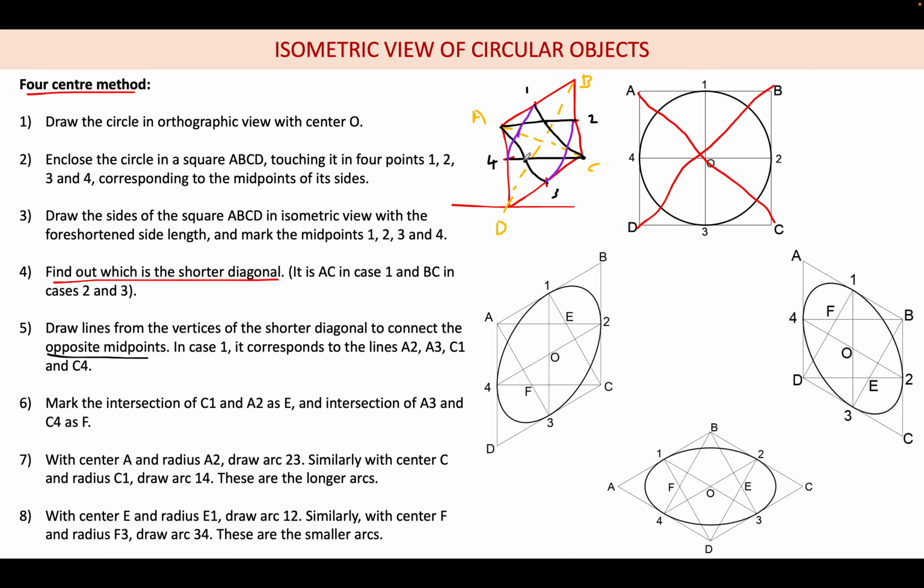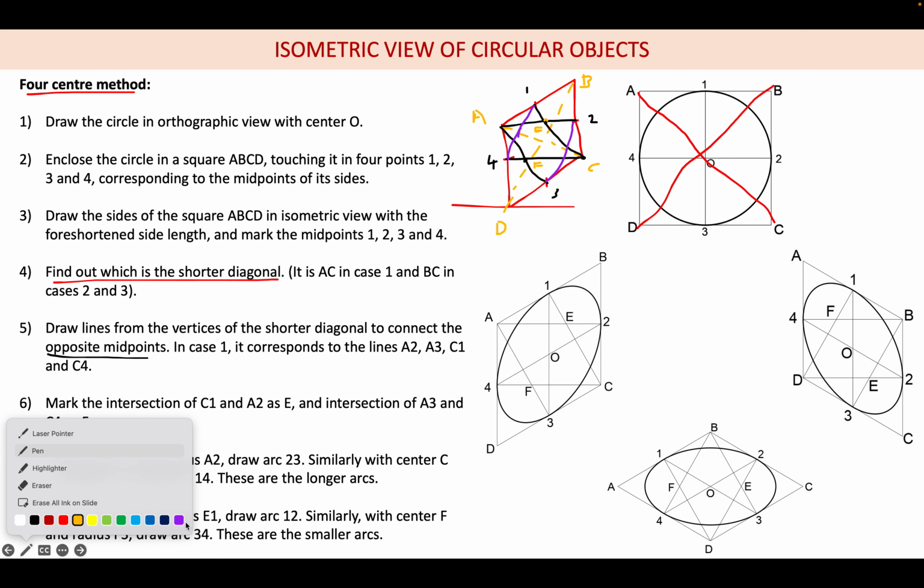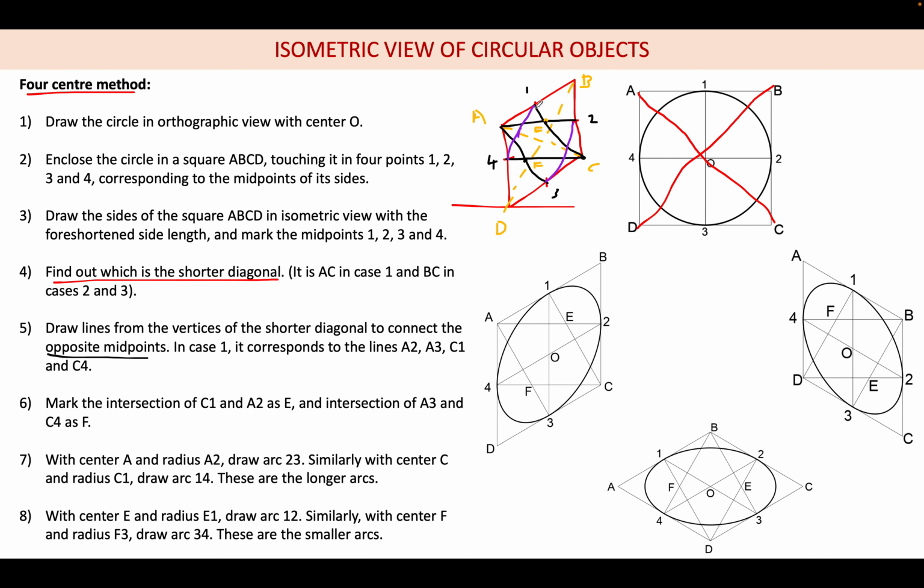Let us say this is my F and this is my E, where these two lines intersect. With E as center and E1 as radius, E1 and E2 will be equal, draw one arc like this. Similarly with F as center and F3 as radius, draw an arc like this.